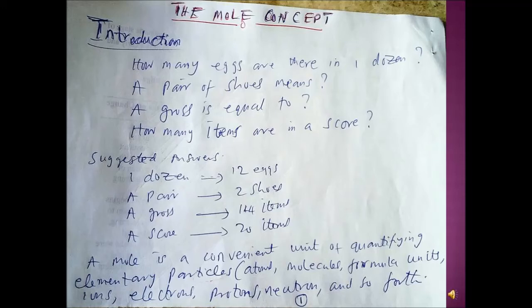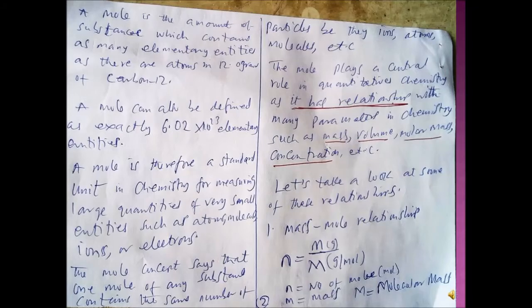Now, a mole is a convenient unit of quantifying elementary particles. When talking about elementary particles, we're talking about things like atom, molecules, formula unit, ions, electron, proton, neutron, and so on and so forth. So a mole is the amount of substance which contain as many elementary entities as there are in 12 gram of carbon 12.